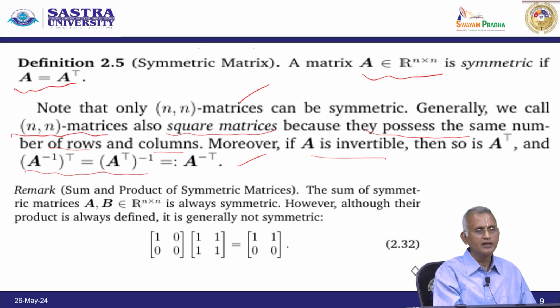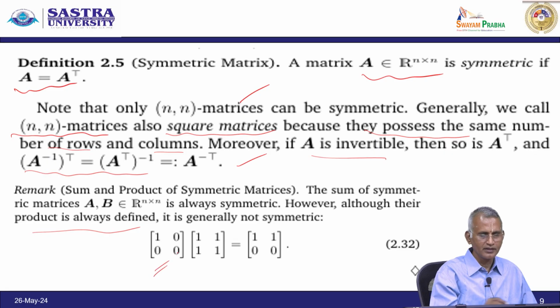Now we have a note: take two symmetric matrices, their sum and product. The sum of the symmetric matrices A and B belonging to R^(n×n) is always symmetric. However, their product, though always defined, is generally not symmetric.